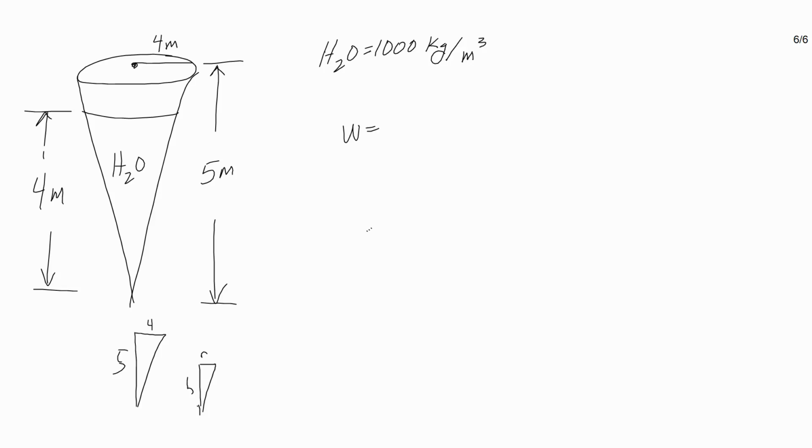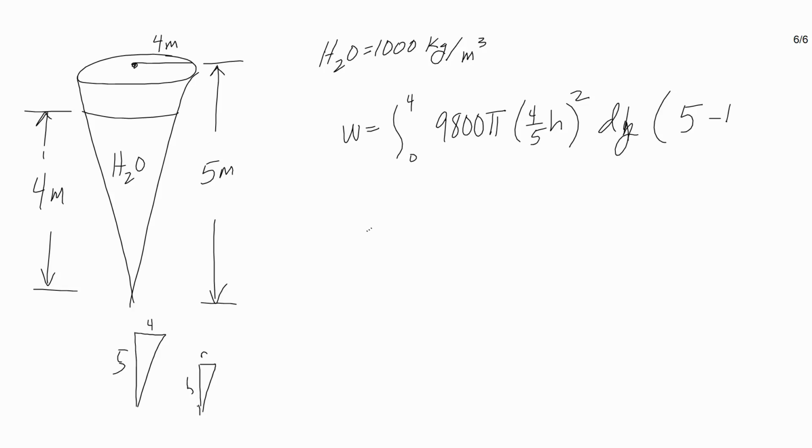So that's going to be W is equal to the integral from 0 to 4 of 9,800 pi times 4/5 H quantity squared dH, and what's the displacement? 5 minus H. So W is equal to 9,800 pi, integral from 0 to 4 of, then 4/5 squared, what is it, 16/25?